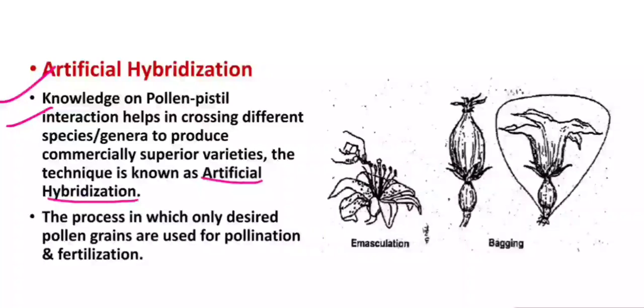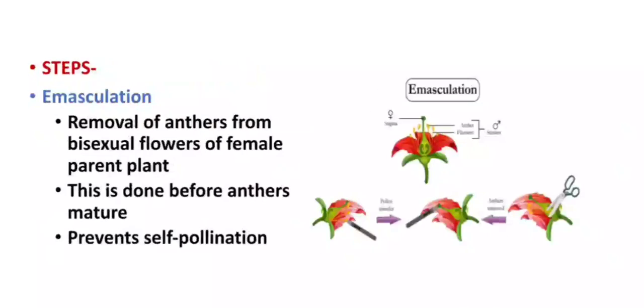In this process, desired pollen grains are used for pollination and fertilization. Here you can see in this diagram the steps of artificial hybridization: emasculation and bagging. What are these steps? We will discuss them in the next slides.